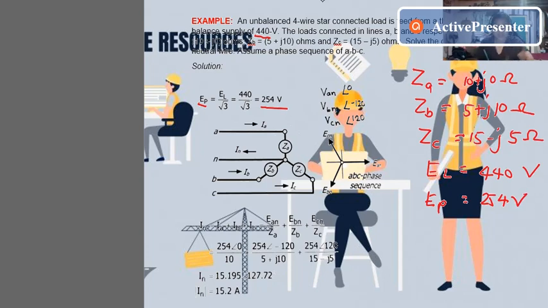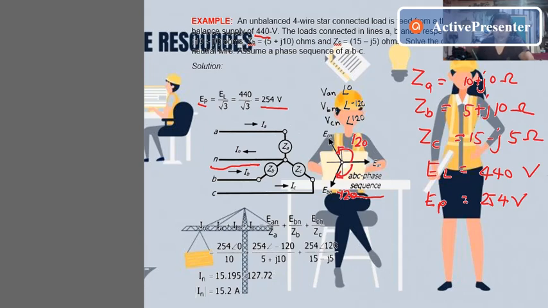Since we have a neutral point in our Y-connected loads, in our figure we have current flowing within the neutral point. And our ABC phase sequence, we already know it. Why negative 120? Since it is at the bottom, and the travel is counterclockwise, we have positive 120.